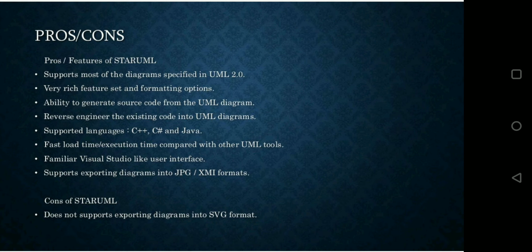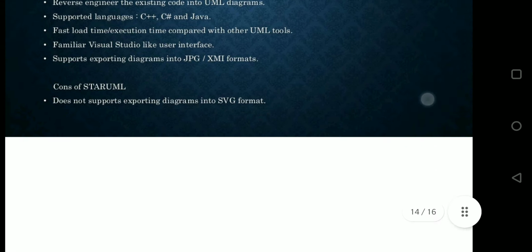The con or disadvantage of Star UML is that it does not support exporting diagrams into SVG format.